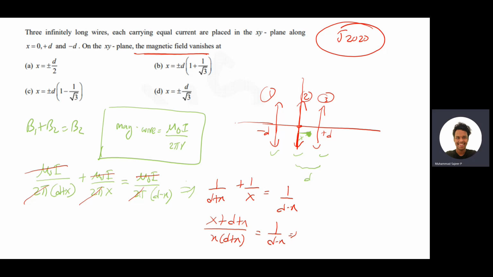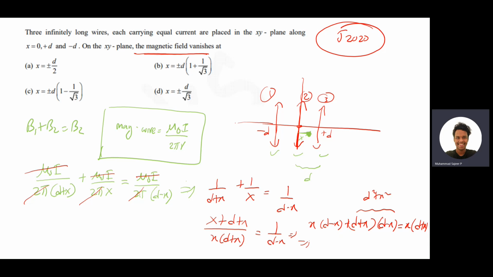Then again we will take d minus x to the left and d plus x to the right. So x into d minus x plus d plus x into d minus x equal to x into d plus x. Now we have to solve this. d minus x into d plus x is d square minus x square, that we know, and x into d minus x is xd minus x square.